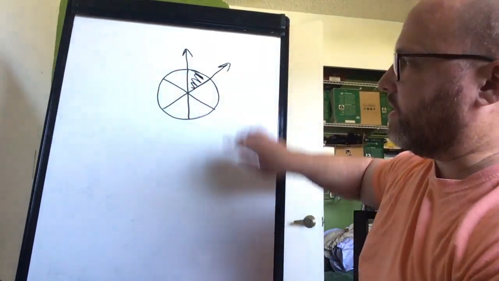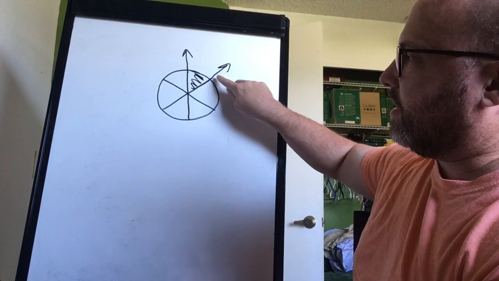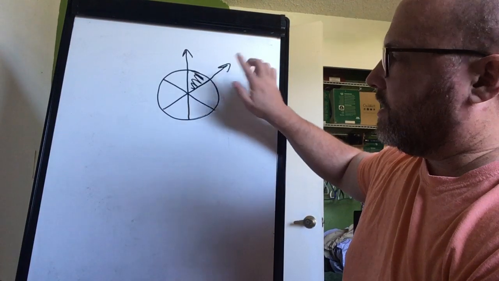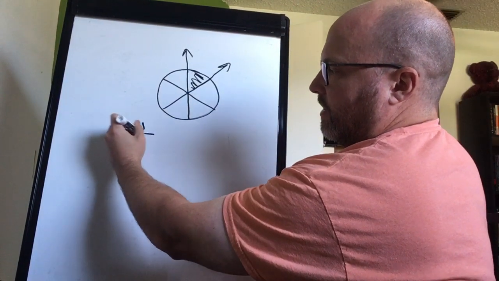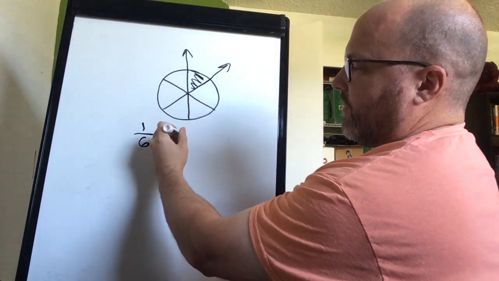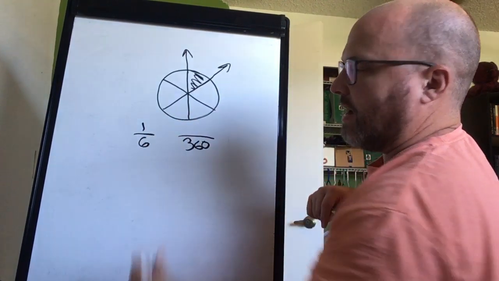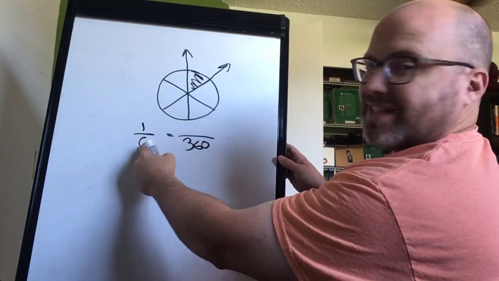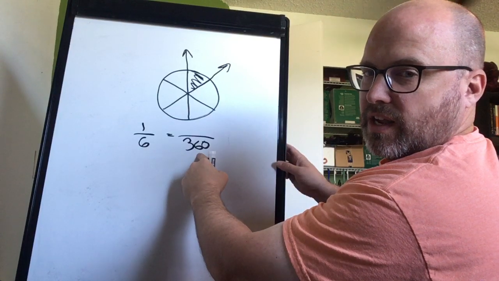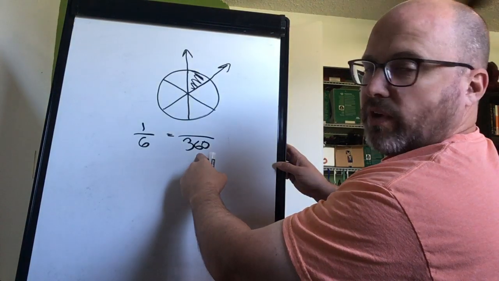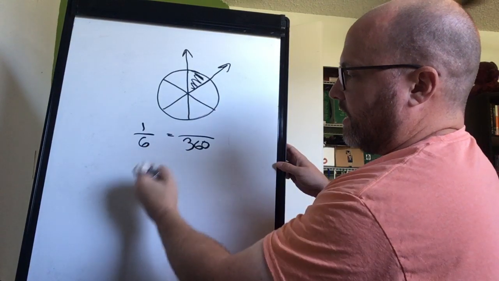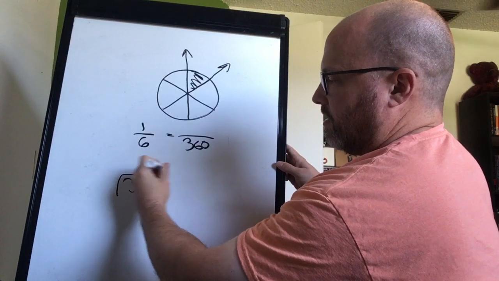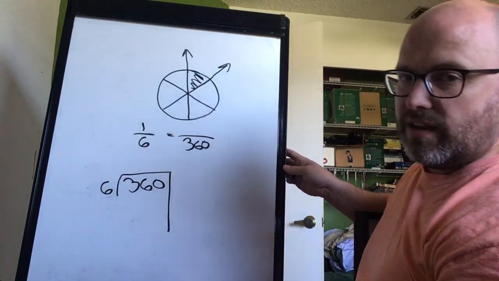Let's say you have this fraction, and this angle right here is taking up, or it's 1/6 of an entire circle turn. Okay, so you can say this angle is 1/6 of a circle, but if I want degrees, I have to figure out how many 360ths it is. So 6 times something is going to equal 360, and I need that number, and I'm going to need to bring that over here and multiply the top. So I can figure what that number is going to be by dividing it.